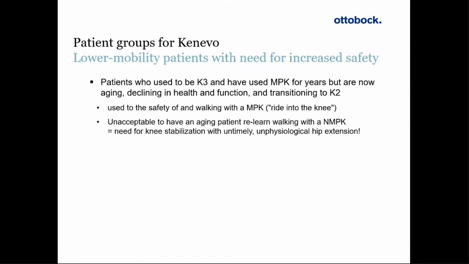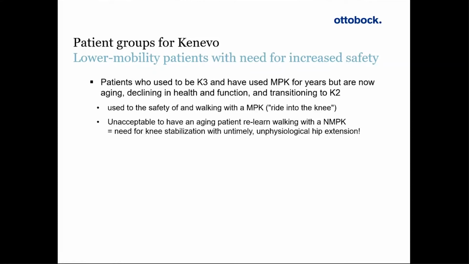So in that patient group, it would be unacceptable, if not unethical, to have these aging patients relearn walking with a non-microprocessor knee, where they usually need knee stabilization with untimely and unphysiological hip extension in the stance phase.